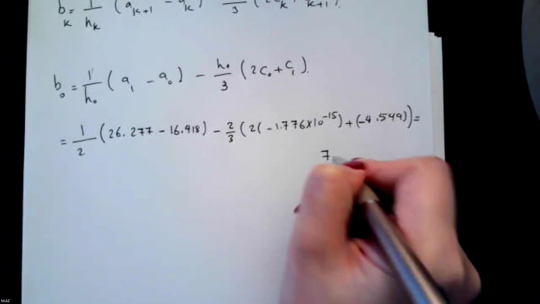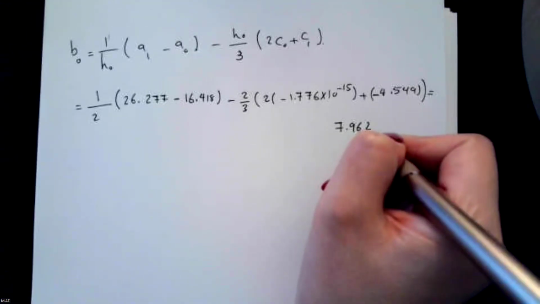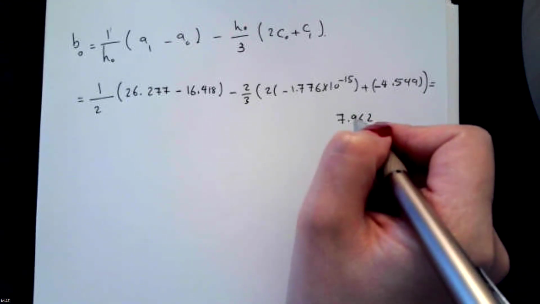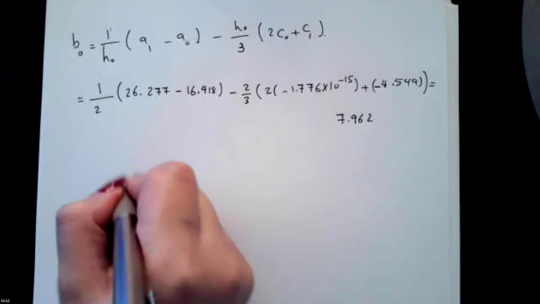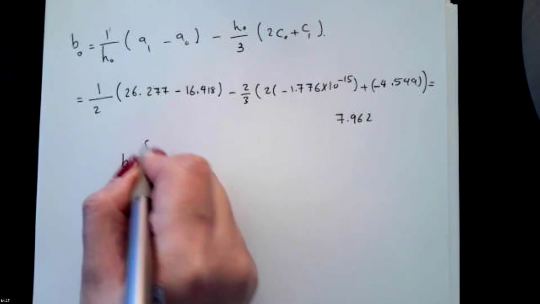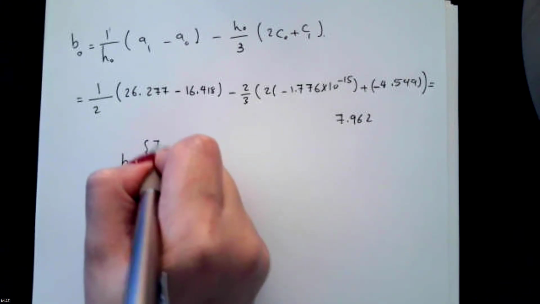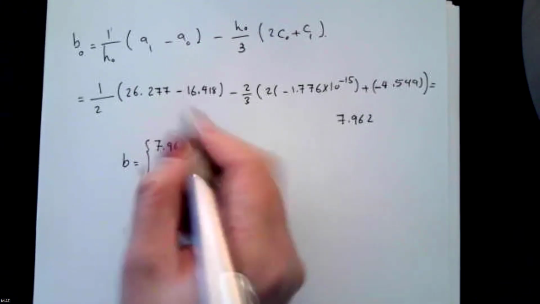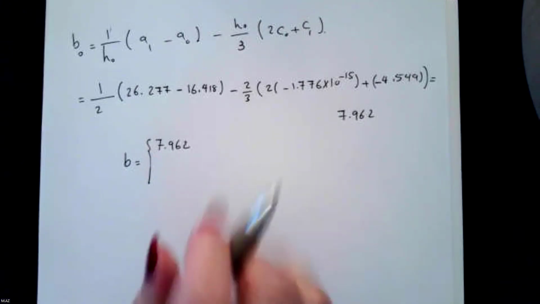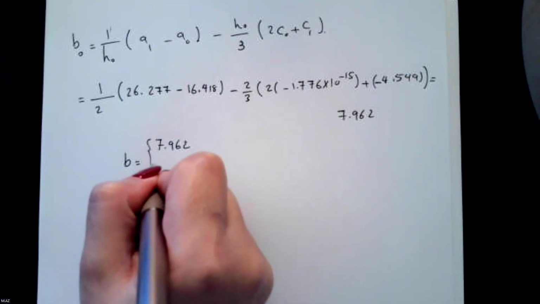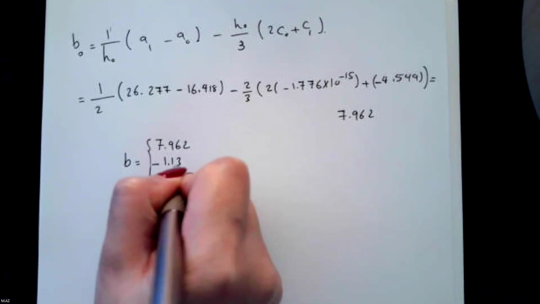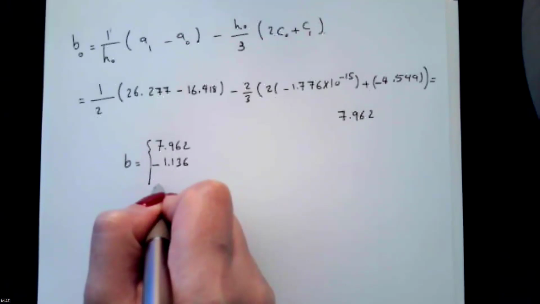The result is 7.962, and this is the value of the B for another interval. This is for B sub naught. I have already shown you how we can find it. This is B sub 1. This is B sub 2.